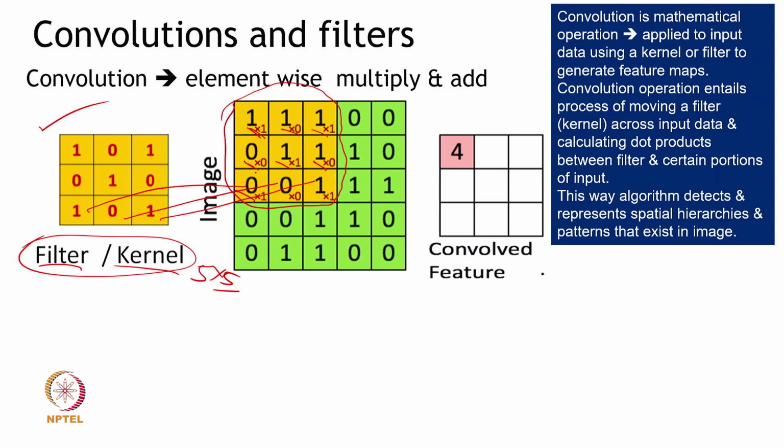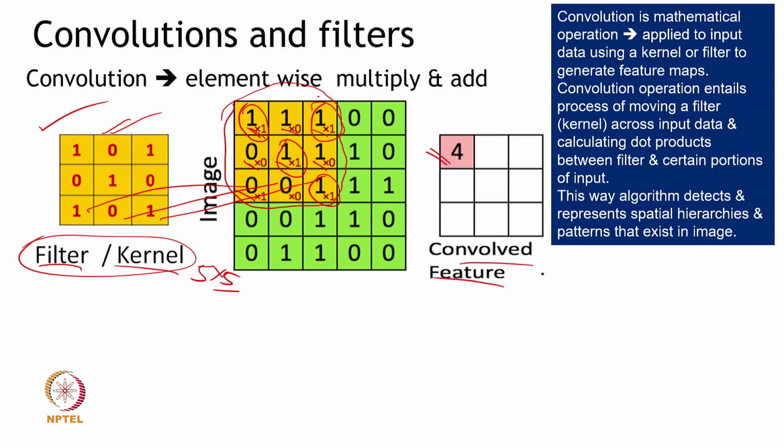Now if you sum up, 1 into 1 is a 1, here 1 into 1 is a 1, all others are 0, 1 into 1 is 1, and 1 into 1 is 1. So this will sum up, and that will give a 4. That means what we are doing here, convoluting the feature by multiplying the filter with the first patch, and we get a result 4, and that's what we call a convoluted feature.